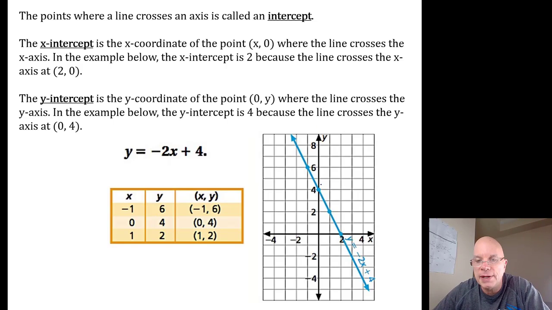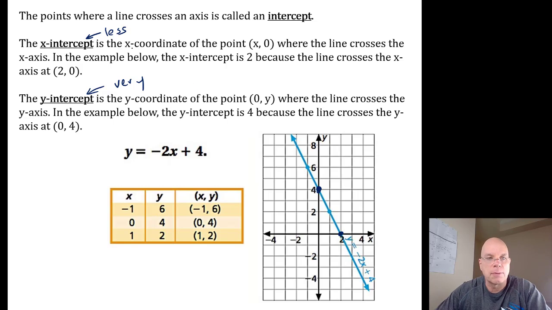The most important point for graphing a line is called the y-intercept, right there, where the line crosses the y-axis. There's also a point where the line crosses the x-axis, and that's called the x-intercept. The x-intercept is less important than the y-intercept, but we'll talk about both of them, and you'll see why the y-intercept is more important later.